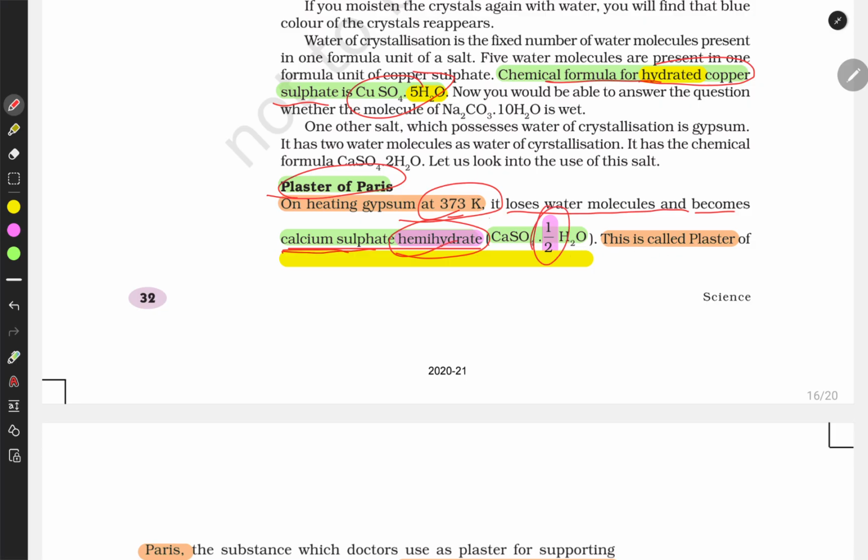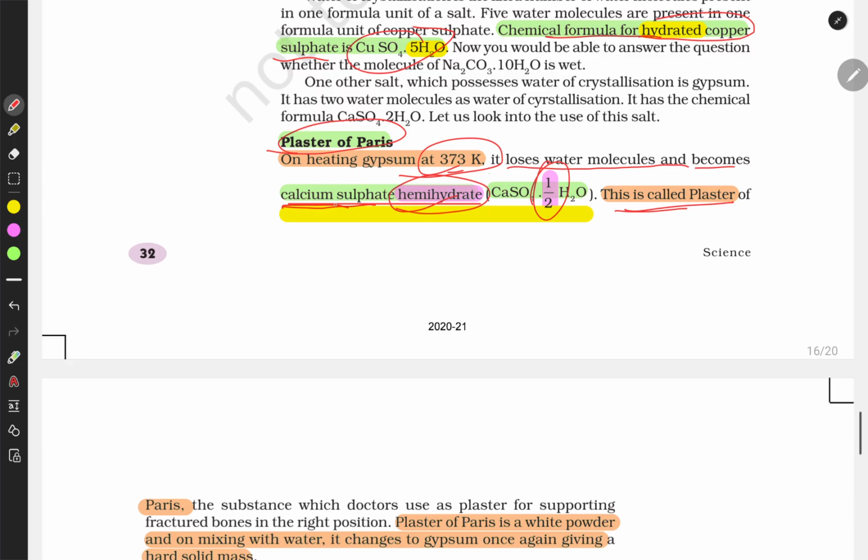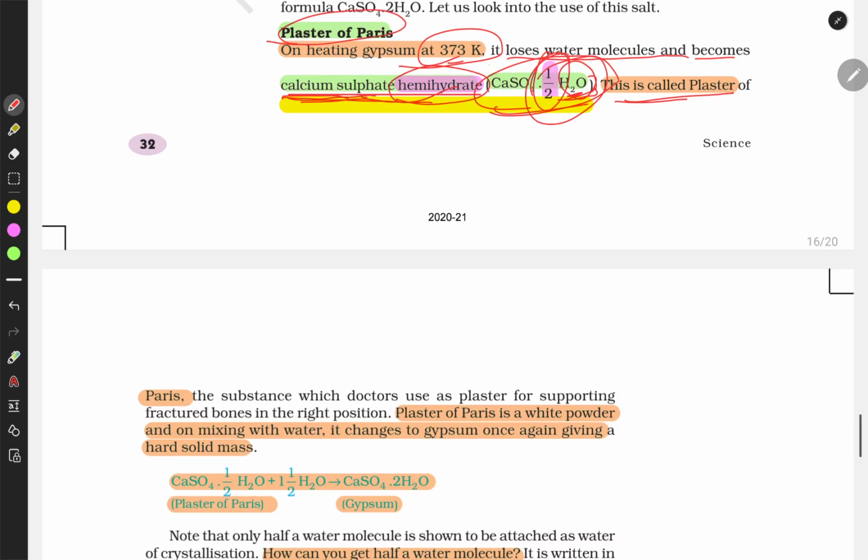So why is it hemihydrate? It is called this because two molecules of calcium sulfate share one water molecule, so it is shown as a half water molecule.